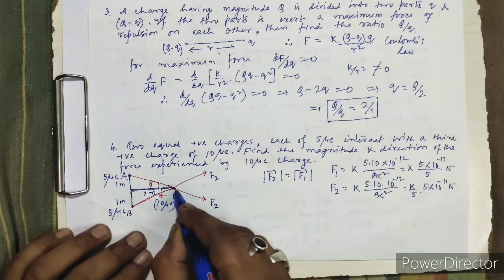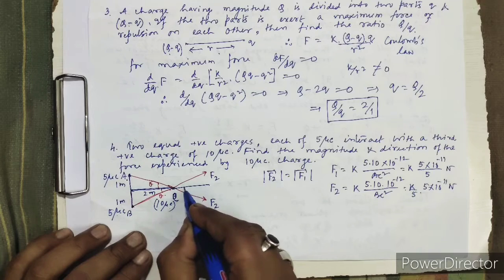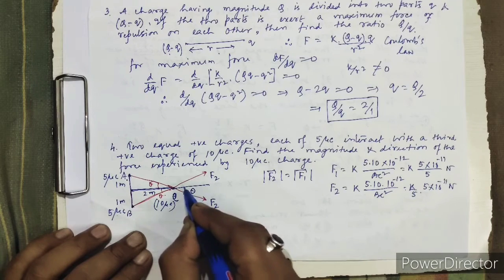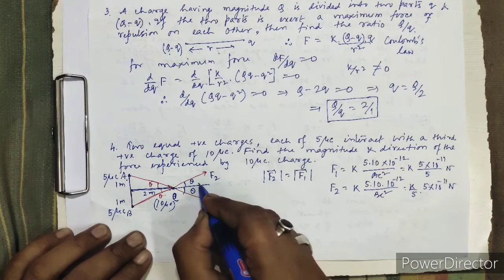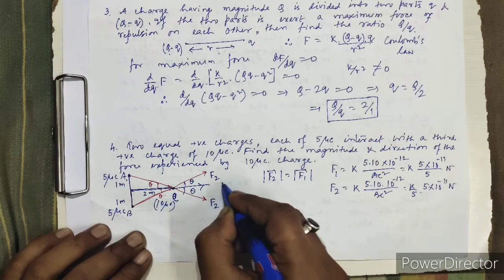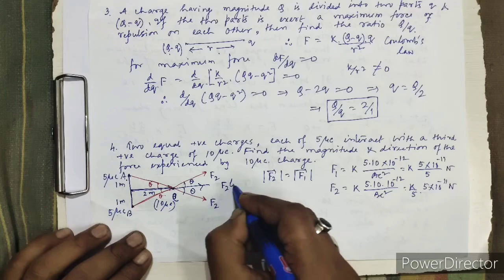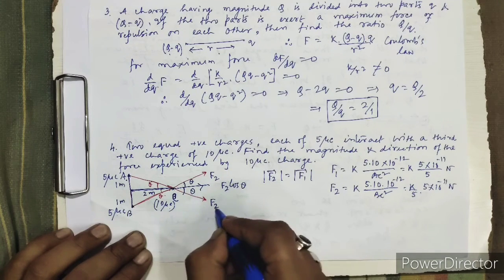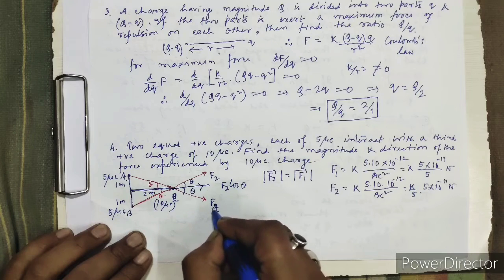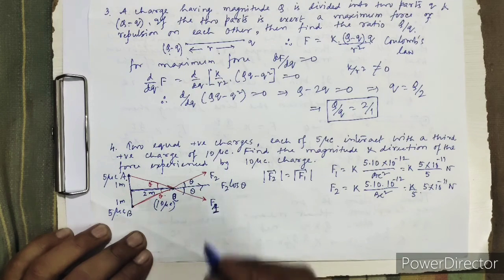Therefore, this angle is also theta, this also theta. This is F2 cos theta, and say this is F1.